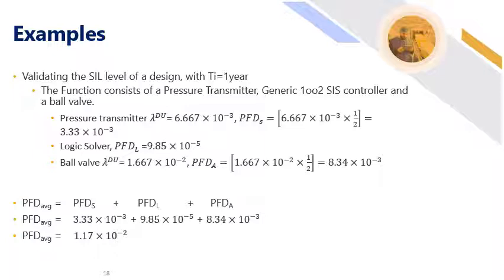And using the calculation again, multiplying that by 1 over 2 gives us 8.34 times 10 to the minus 3. So if we add those three values together, we end up with 1.17 times 10 to the minus 2. And comparing this to the SIL level values, that is giving us a very good SIL1 function.